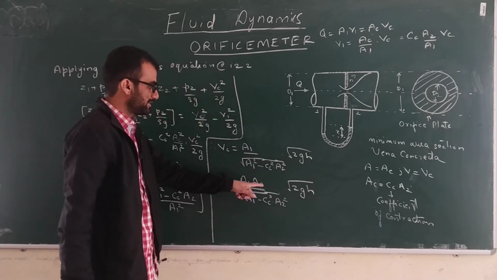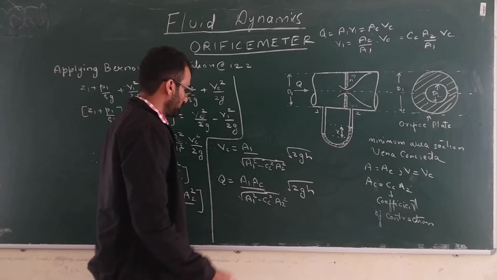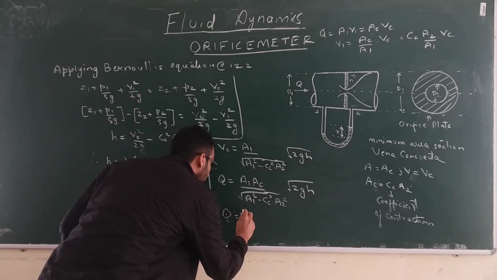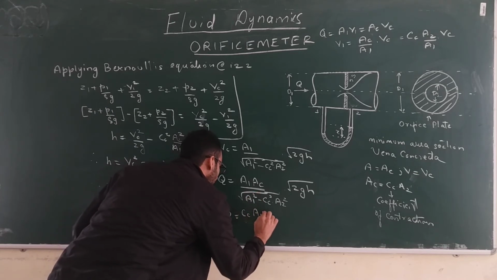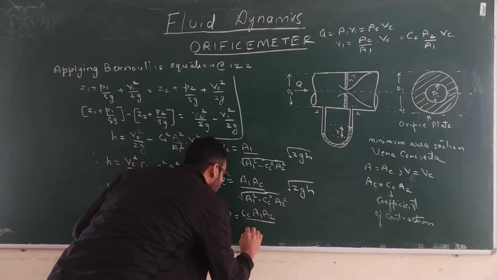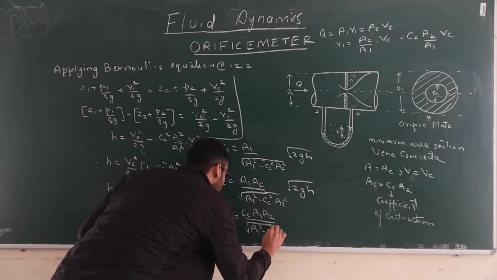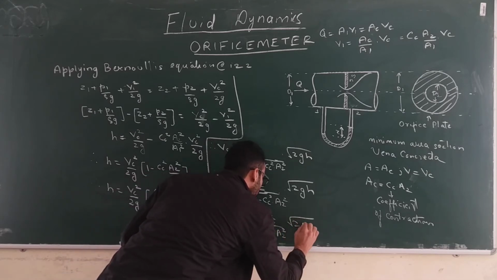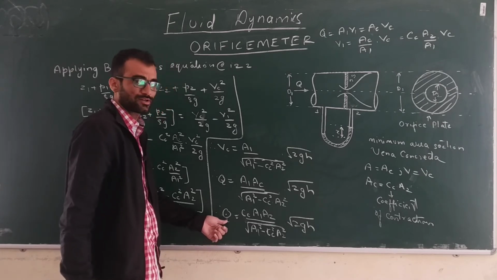But again this AC is difficult to calculate, so we can represent it in terms of A2. Therefore Q is equal to CC A1 A2 upon root of A1 square minus CC square A2 square, into under root of 2gh. So this is the formula for theoretical discharge.